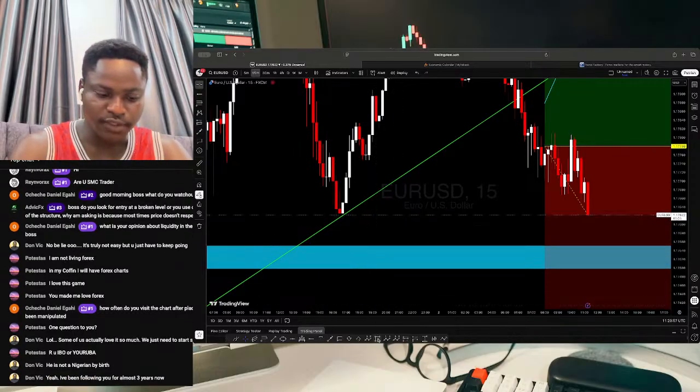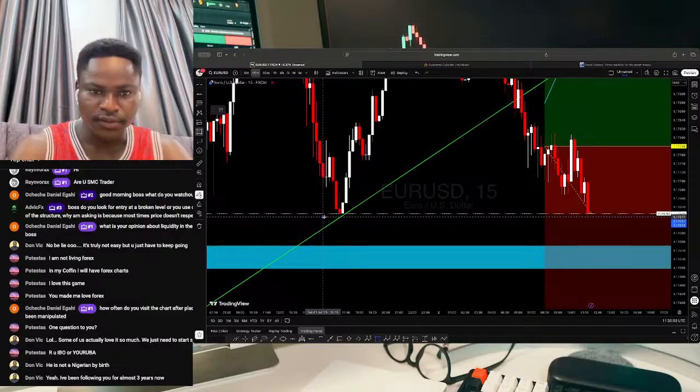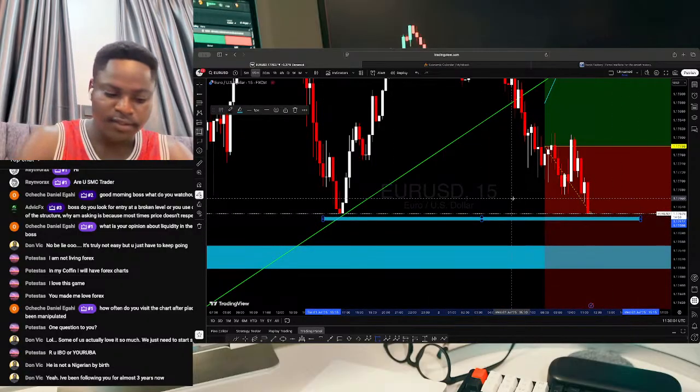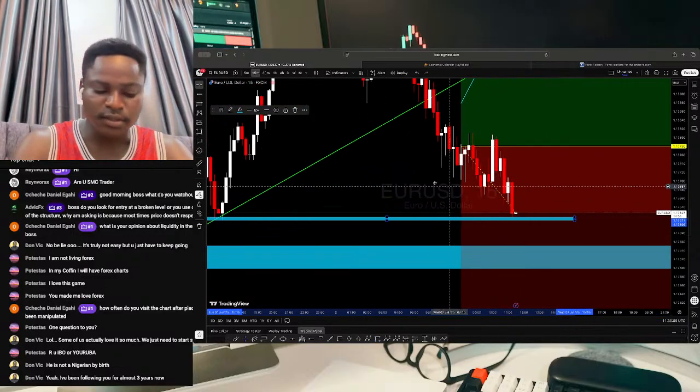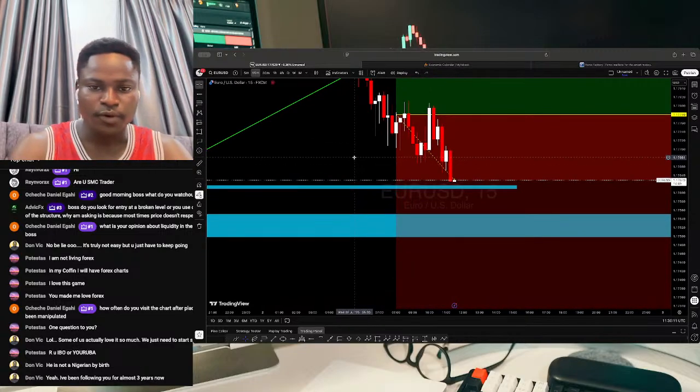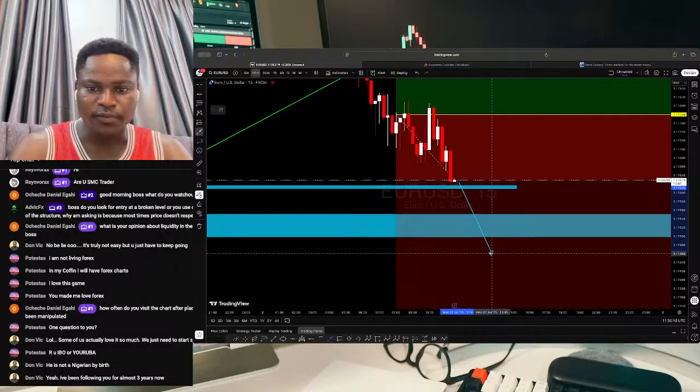This zone that I mentioned to you guys, this zone here, it's trying to break out of this, right? So when we see a break here, then the market will break out of this.